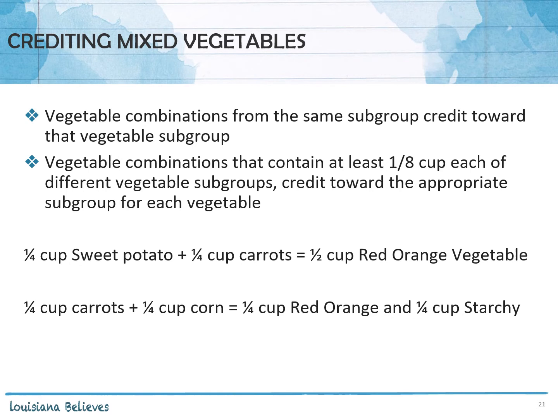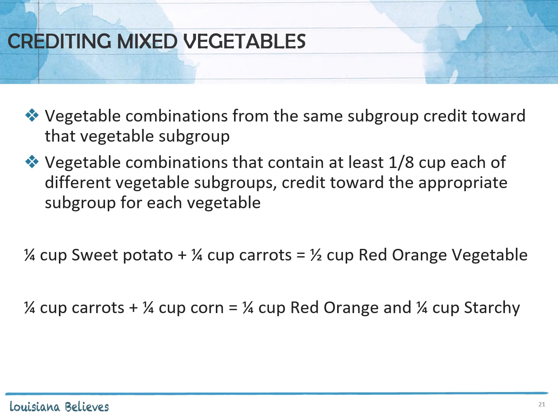Vegetable combinations that contain 1/8 cup each of different vegetable subgroups may credit each one toward the appropriate subgroup. For example, a mixture of 1/4 cup of carrots and 1/4 cup of corn credits as 1/4 cup of red-orange vegetable and 1/4 cup of starchy vegetable.